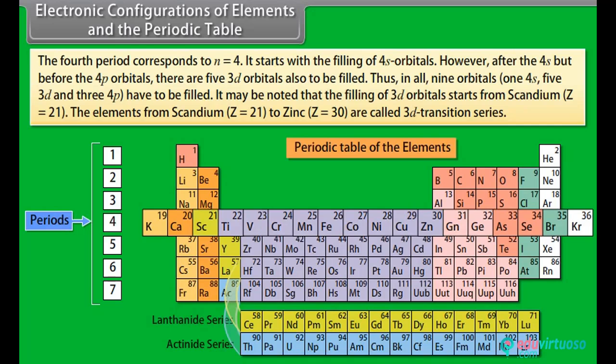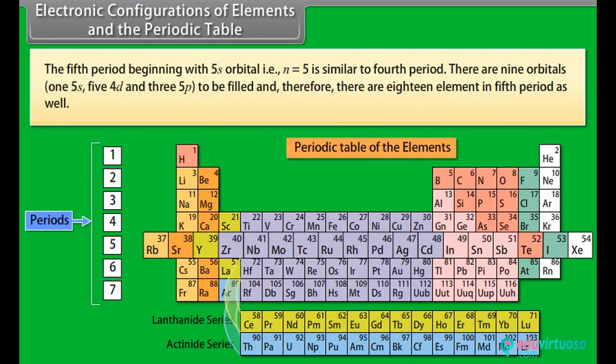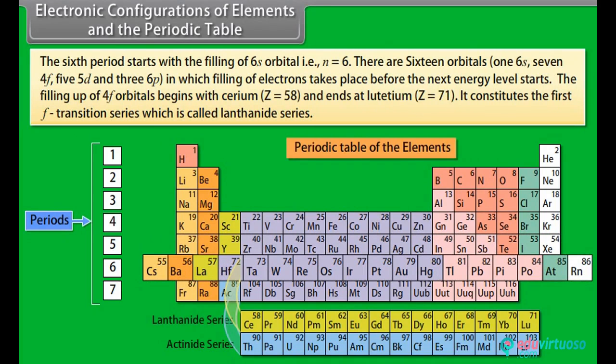The fifth period, beginning with the 5s orbital, that is, n is equal to 5, is similar to the fourth period. There are 9 orbitals, one 5s, five 4d and three 5p, to be filled, and therefore there are 18 elements in the fifth period as well. The sixth period starts with the filling of the 6s orbital, that is, n is equal to 6.